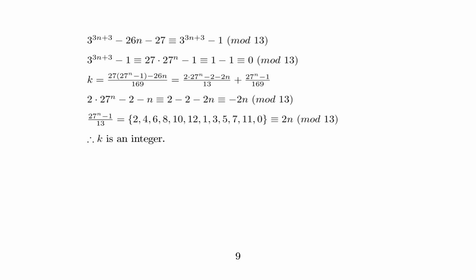Exactly, for all n that would be 2n, and 2n plus minus 2n would give us 0, meaning that the fraction would have a remainder 0, and therefore k is an integer. The proof is complete. Thanks for watching.